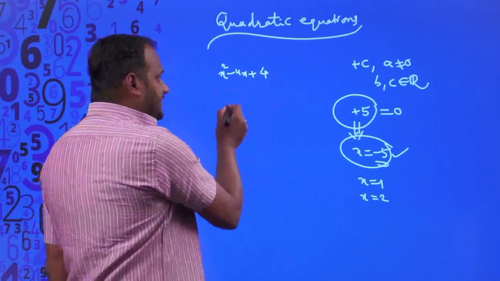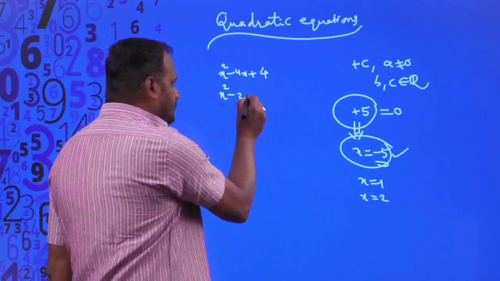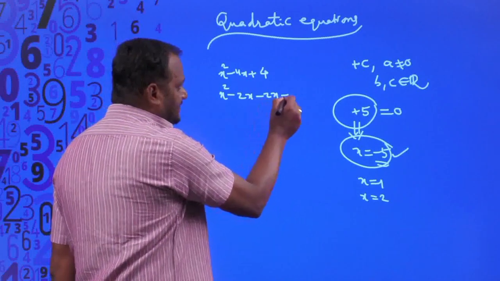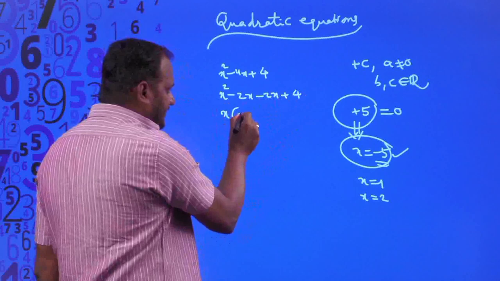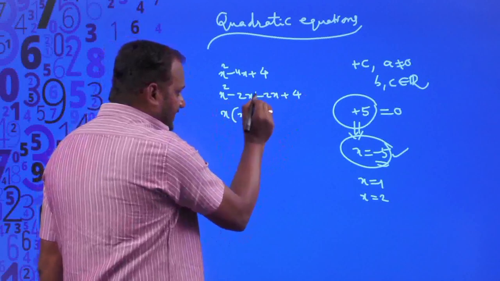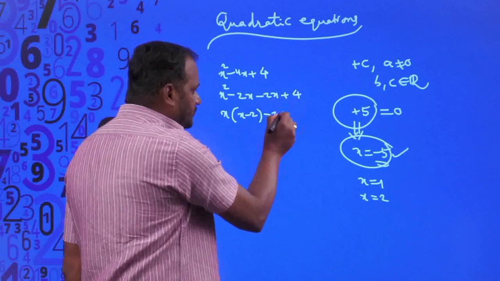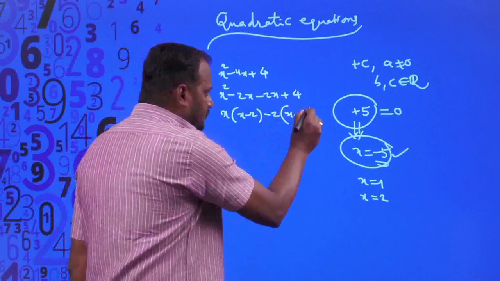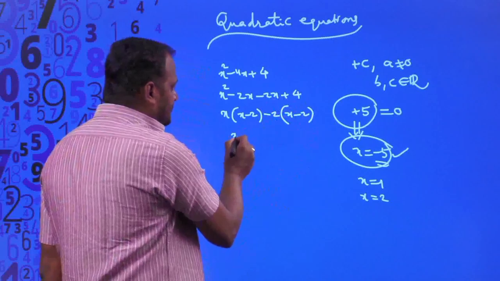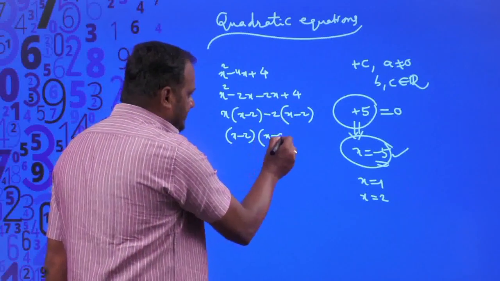If you factorize it by the splitting middle term method, x square minus 2x minus 2x plus 4, then from the first two terms you can take x common, remaining x minus 2. Immediately you have a negative sign common, and from minus 2x and 4 you can take minus 2 common, and remaining x minus 2. So totally you have x minus 2 as the common factor, and the remaining terms are x and minus 2.